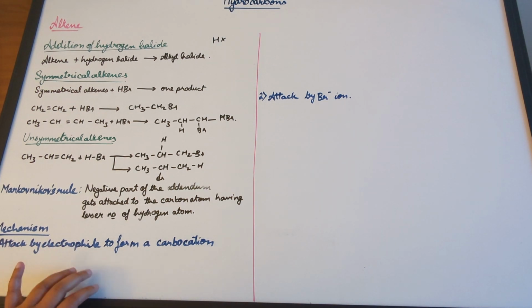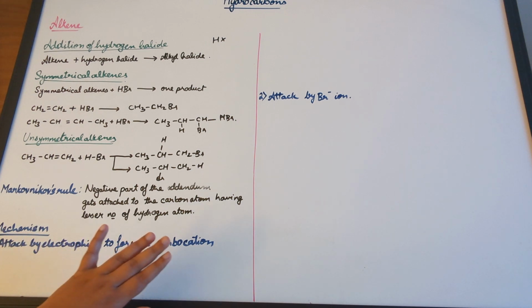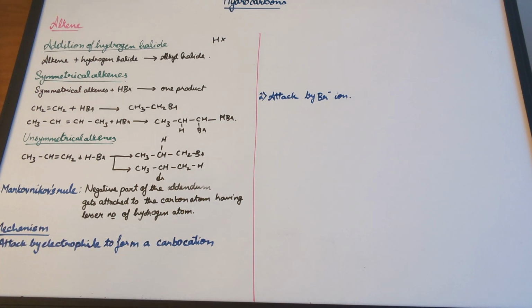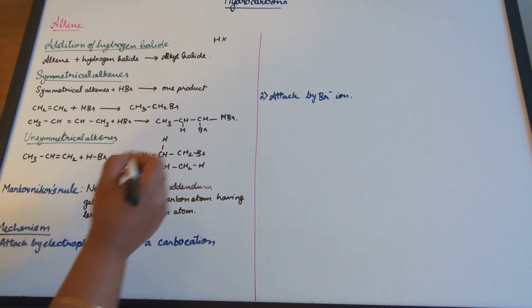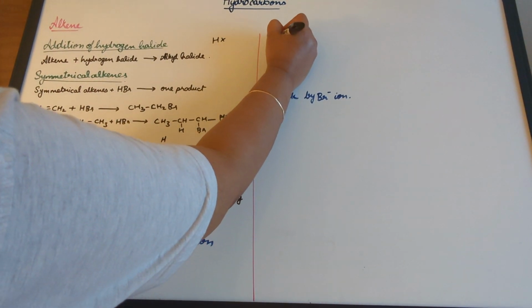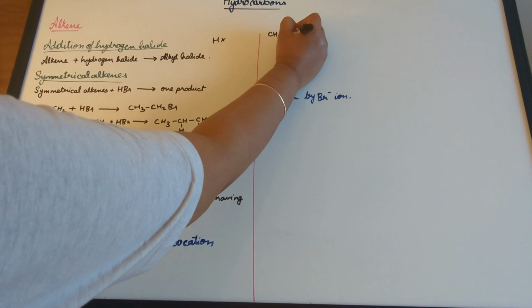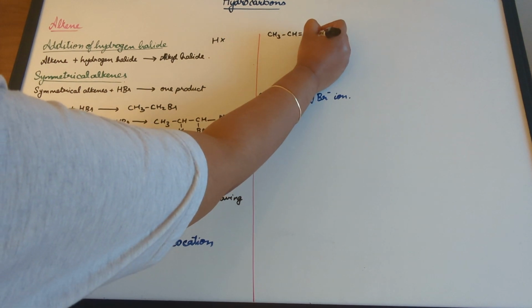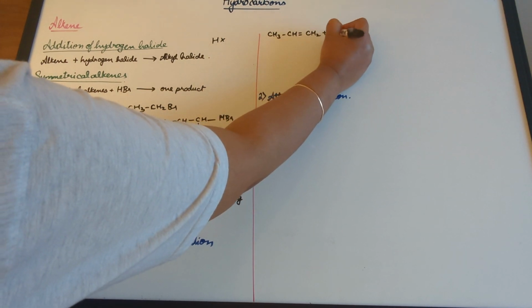This leads to the formation of a carbocation. So when the electrophile attacks the alkene, we get the carbocation, and that in turn is going to tell us which is the major product. Let's take the same propene as the example: CH3, CH double bond CH2 plus HBr.